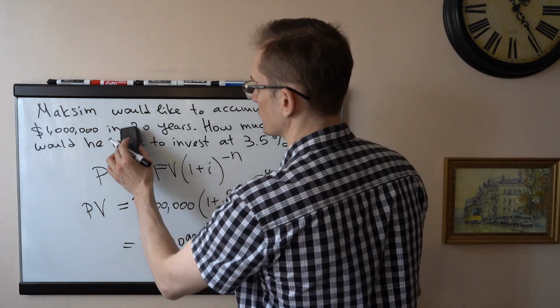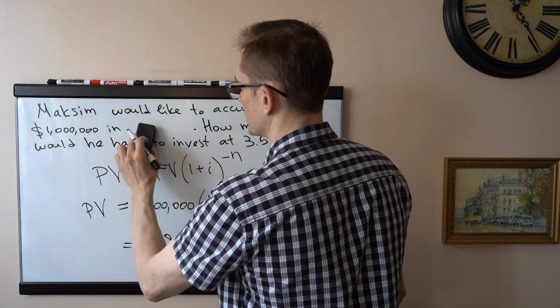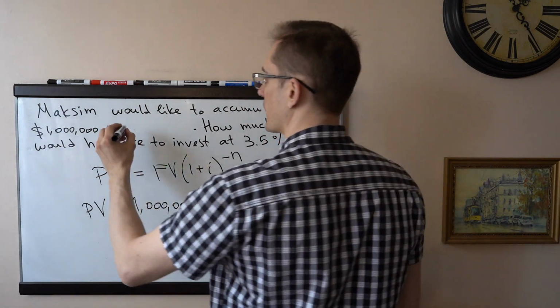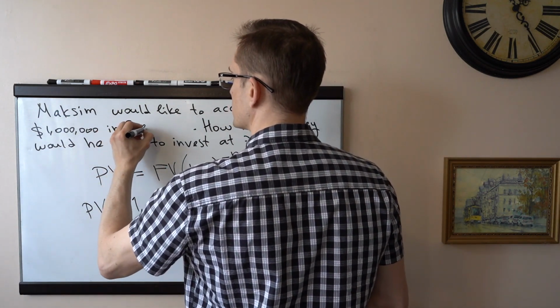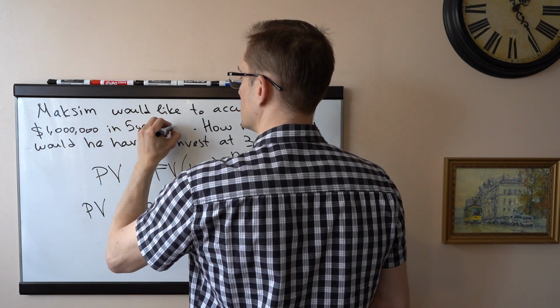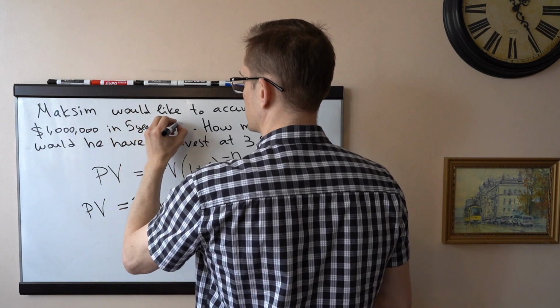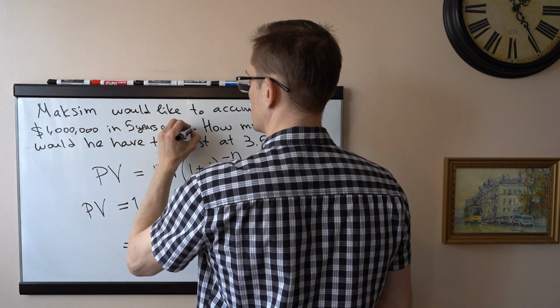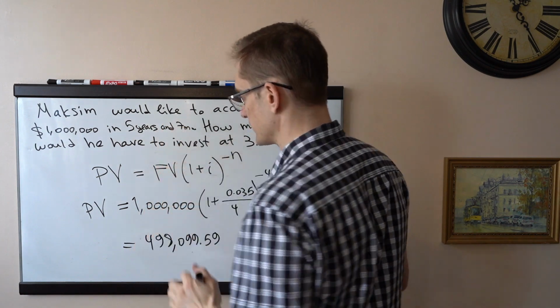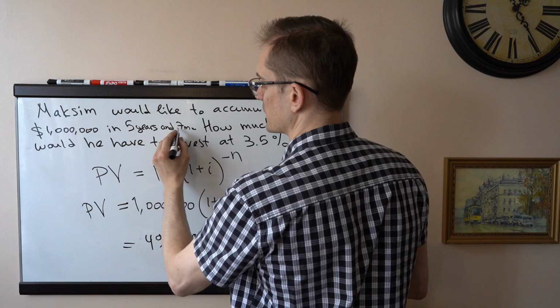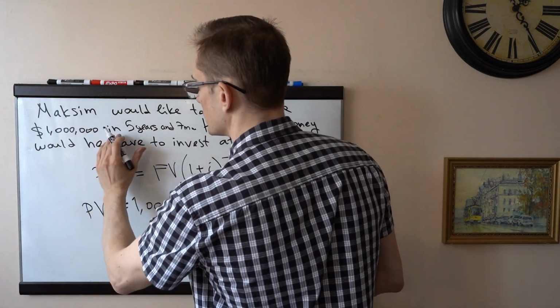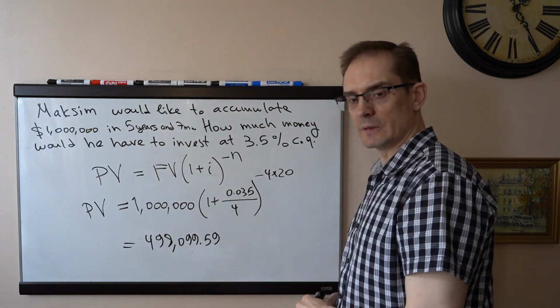Let's say instead of 20 years, I would say something like 5 years and 7 months. So I want $1 million in 5 years and 7 months.